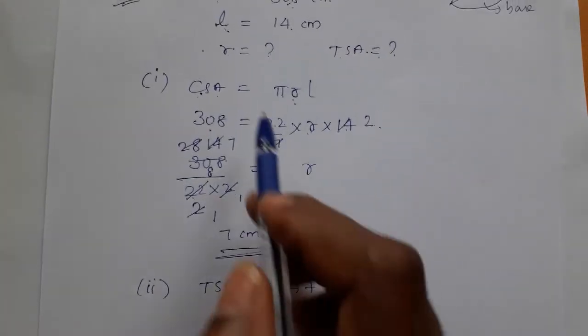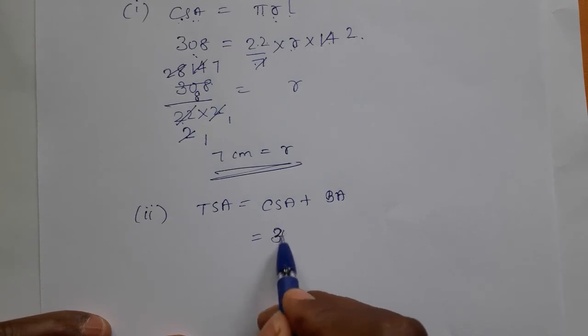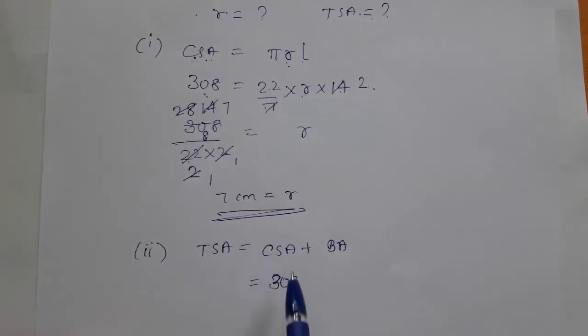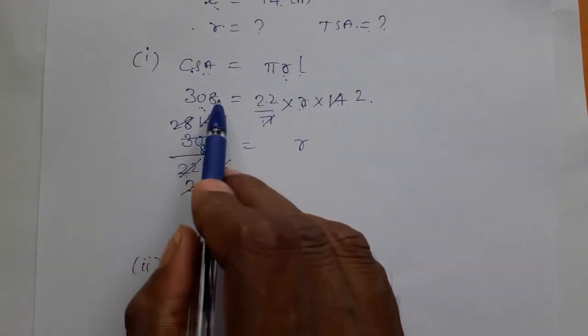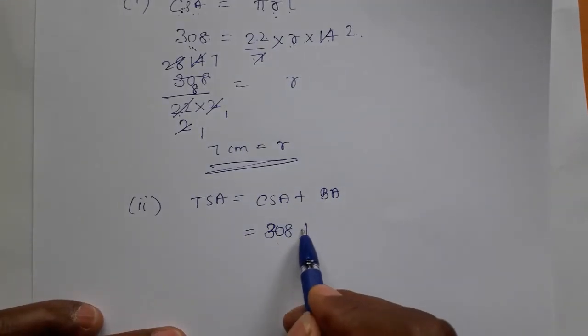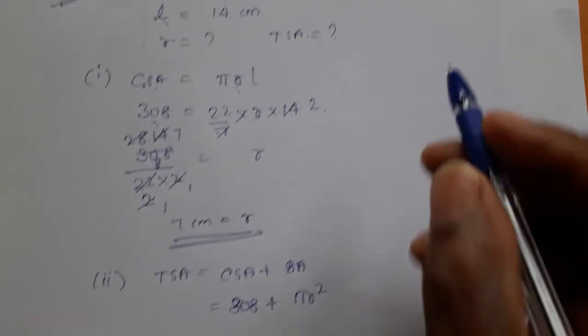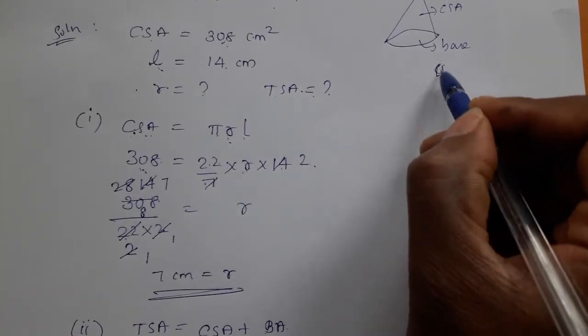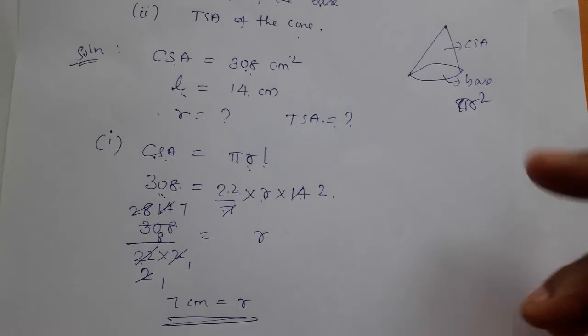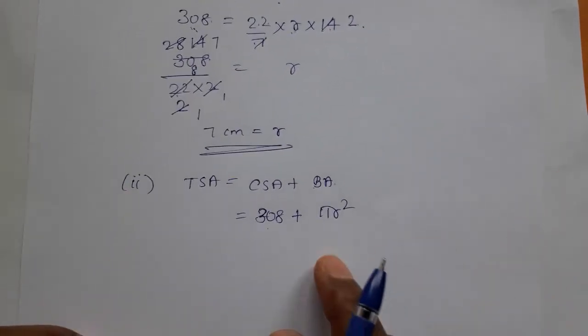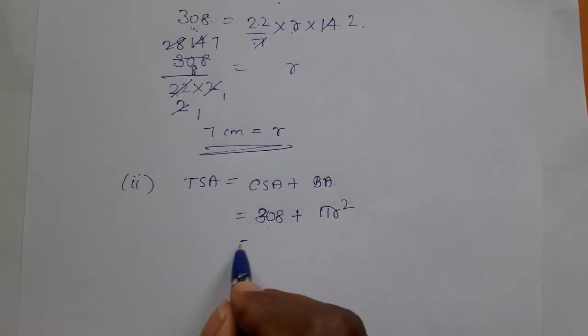Don't find it again. If it were not given, we would use the pi RL formula. Plus base area, nothing but circle area. Circle area is pi r square. In a cylinder, 2 circles are there, 2 pi r square. In a cone, only 1 circle, 1 pi r square.